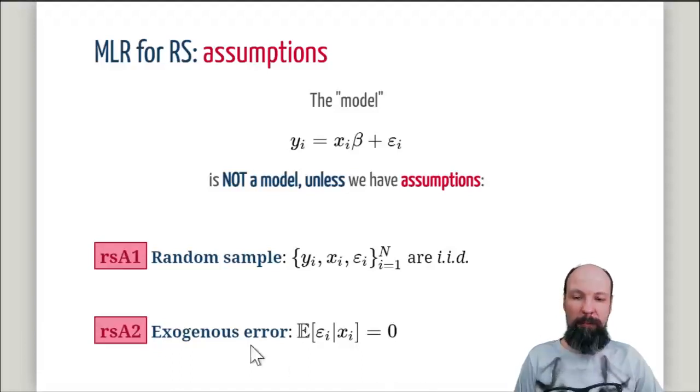So yeah, that's why I said it looks like a narrow set of assumptions, but really all the same information is there. So zero expectation of the error term is there. What else is there in this assumption of zero conditional expectation?